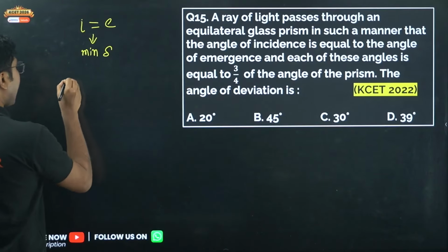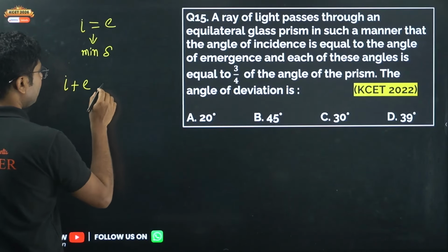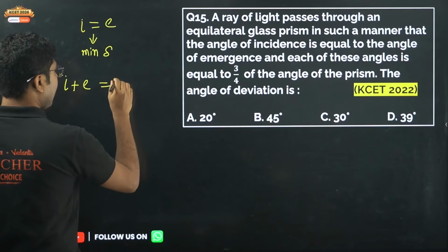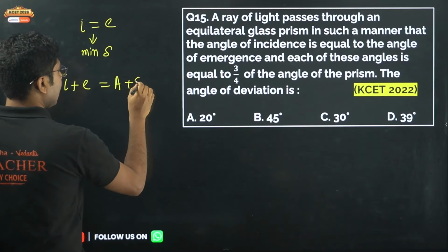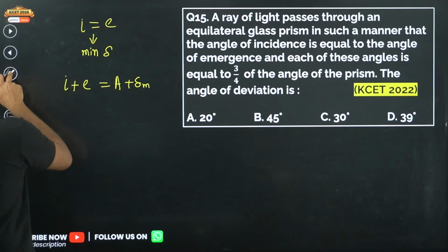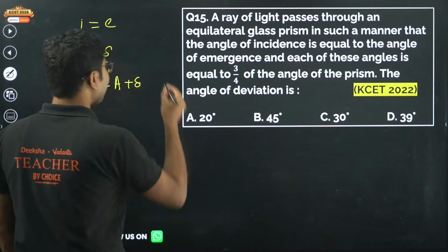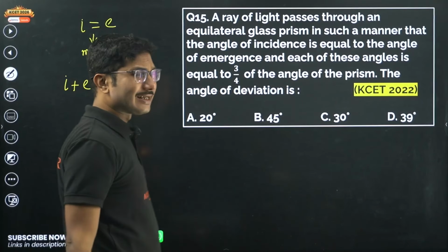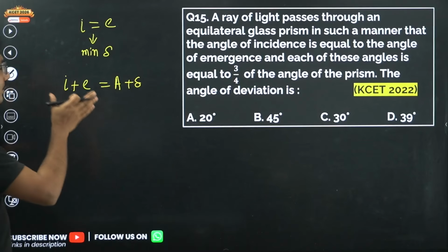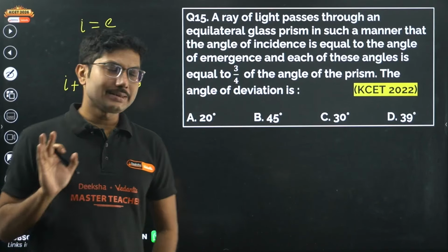Also we know that I plus E is given by A plus delta M. In general it is not delta M, but in this particular case it is mentioned that I is equal to E, so you can say that this is delta M. Even though it is not required, the only formula you need to answer this question is I plus E equals A plus delta.